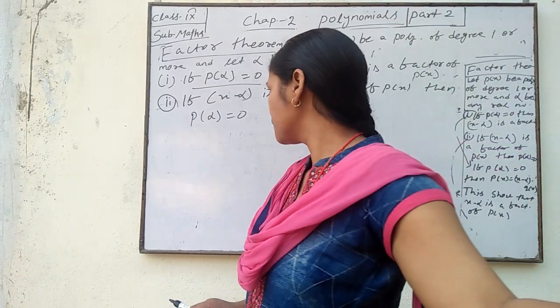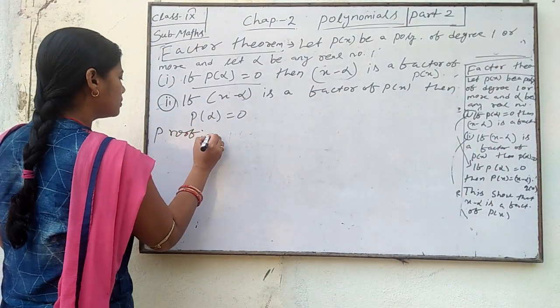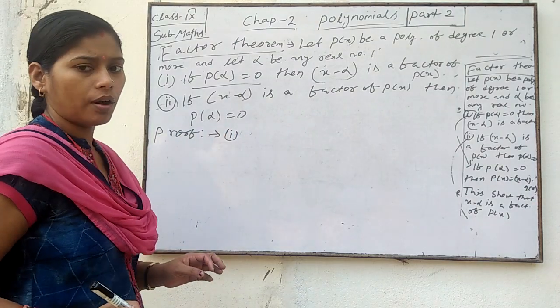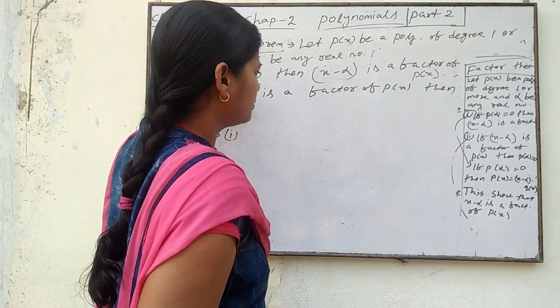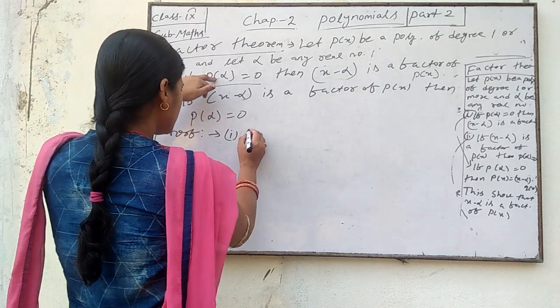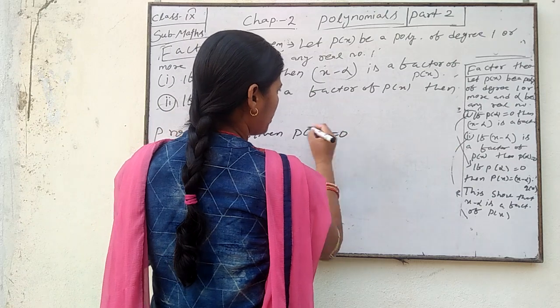Now look here, the proof of the first point. If p of alpha is 0, this is given.